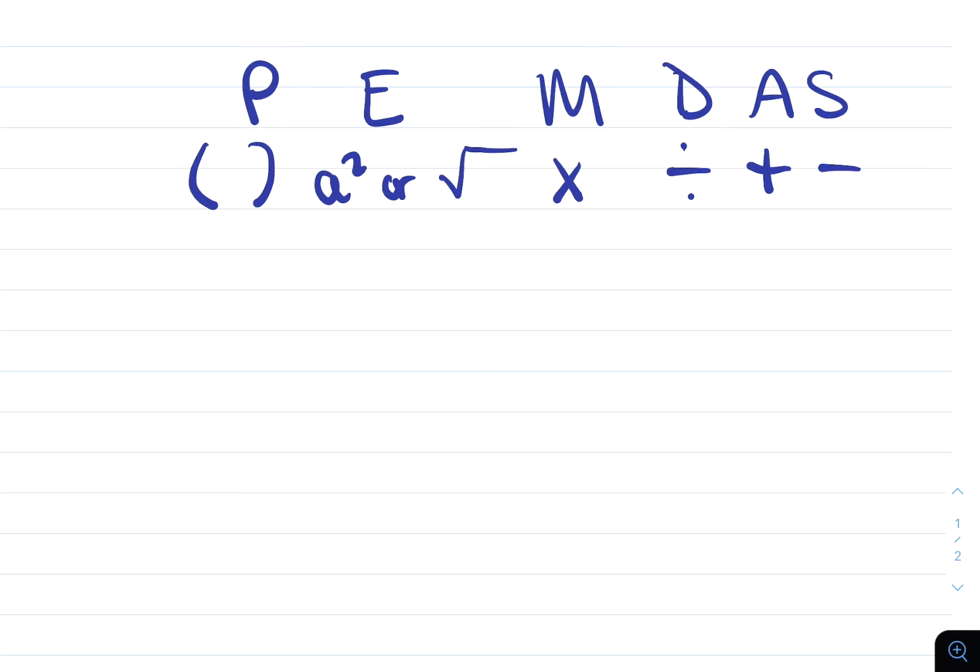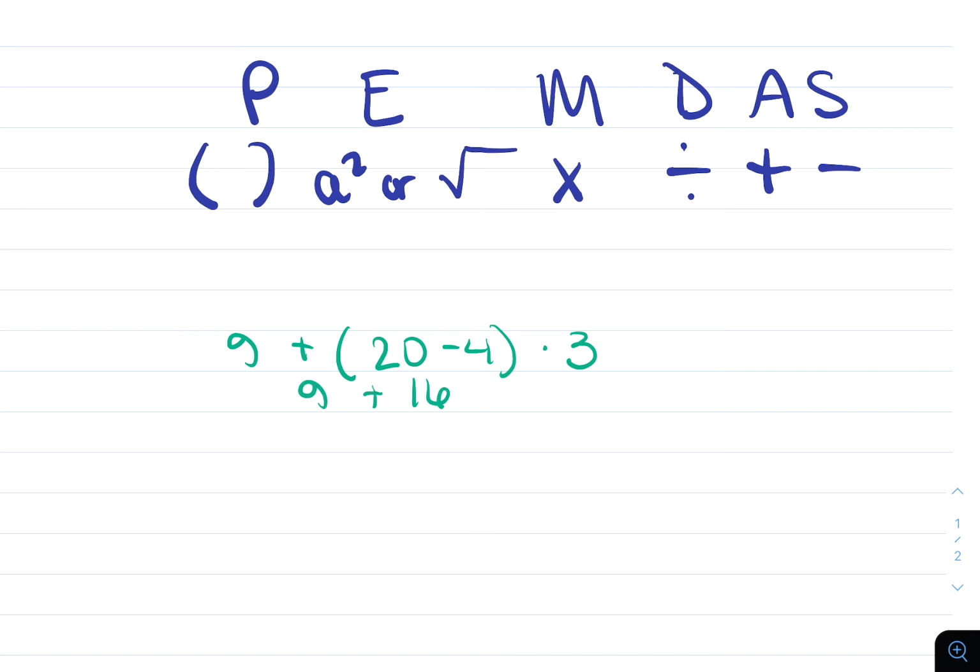Let's look at our next example. We have 9 plus open parentheses, 20 minus 4, close parentheses, times 3. We're going to look at our parentheses first. So we have 20 minus 4 for 16.